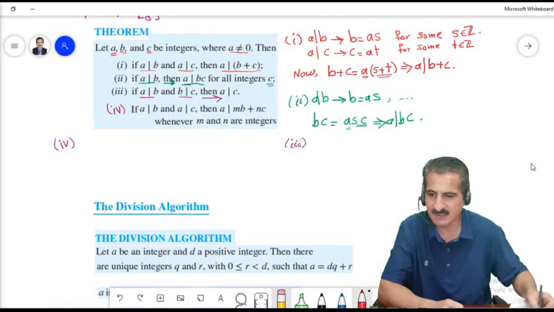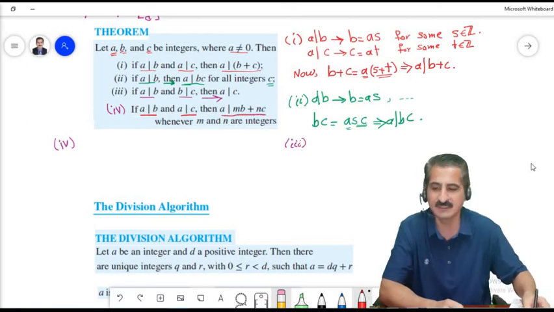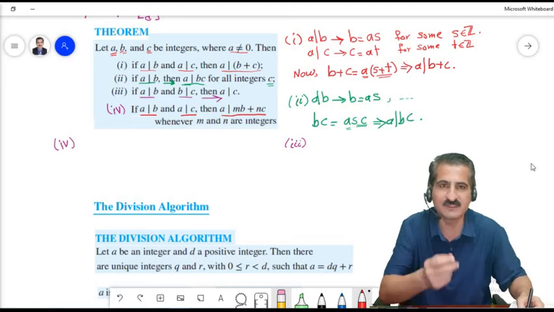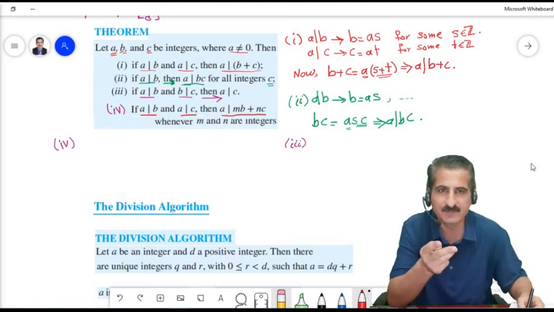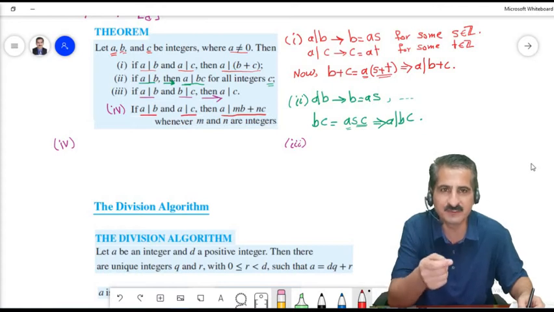It says if a divides b and a divides c, then a divides mb plus nc. Simply, that means if a divides two integers, then a divides any linear combination of these two integers. The two integers are b and c.